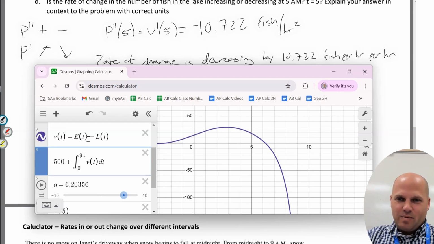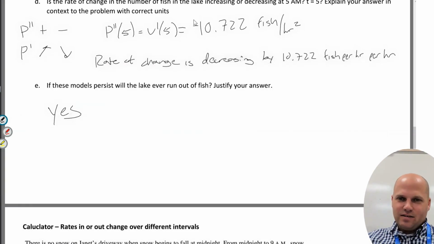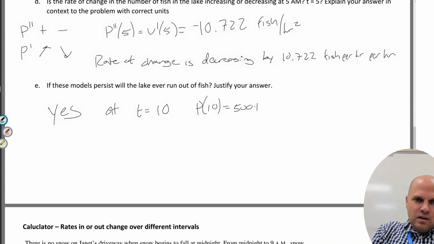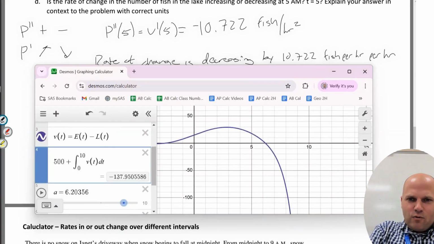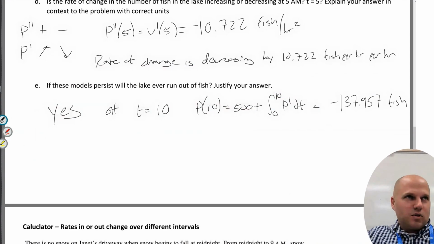It's somewhere between 9.8 and 9.9 hours in. You can literally say yes. At t equals 10, P of 10, which equals 500, plus your accumulation of P prime, gives you negative 137 fish, which is impossible.